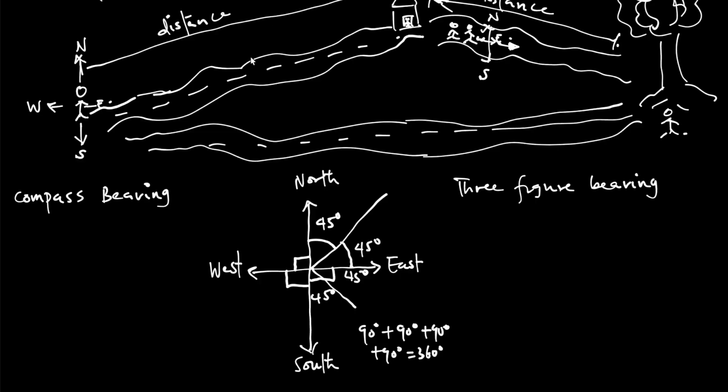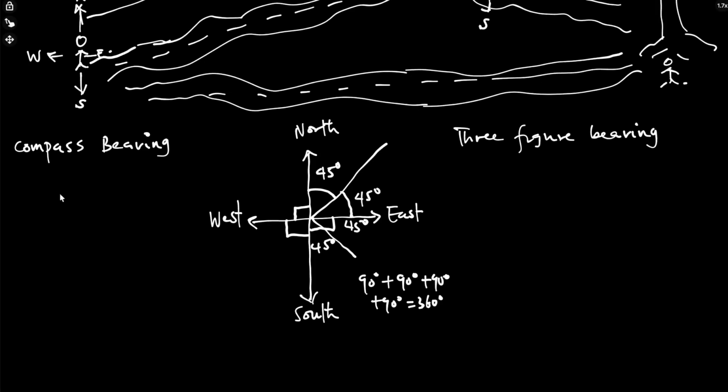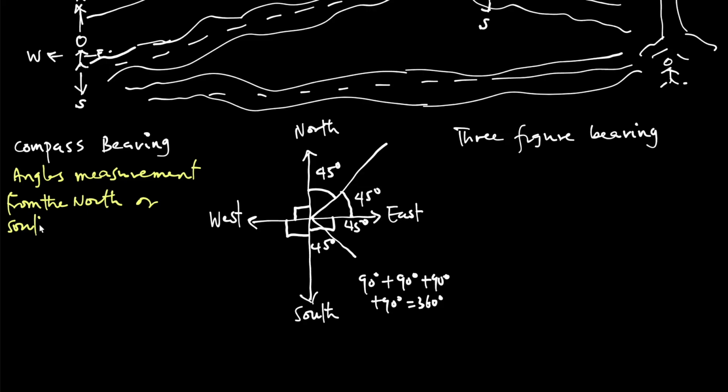Compass bearing basically is a system of bearing in which angles are measured from the north or the south, depending on which is closer. So angle measurement is usually from the north or south, depending on which is closer.